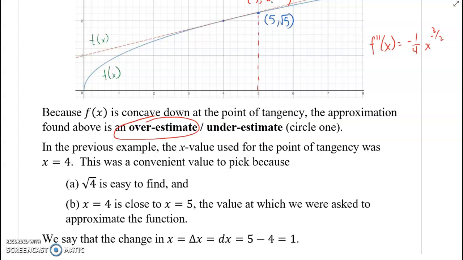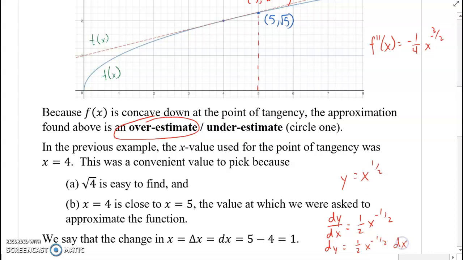Okay, so when we talk about these differentials, that's the change, the difference in the variables. One notation that we might see is delta x or dx. So I want you to think about this as, again, the original equation is y equals x to the 1/2, and if we use Leibniz's notation here and we do dy/dx equals 1/2 x to the negative 1/2, we can then say the instantaneous change in y, in other words dy, is equal to the derivative of our function times the instantaneous change in x.